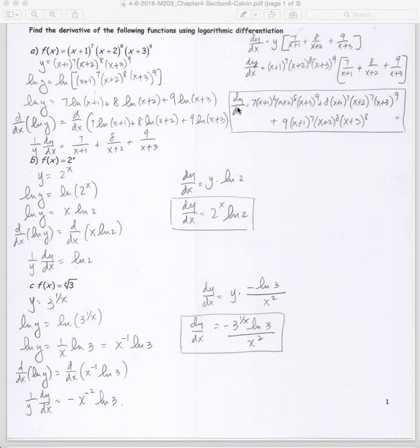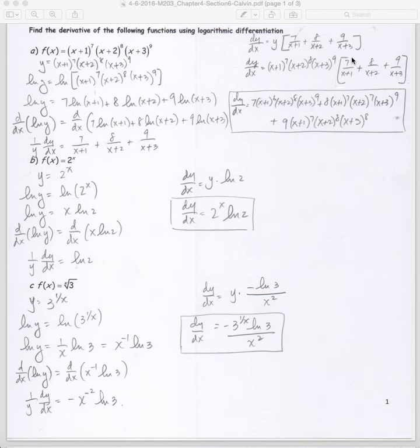So now I have dy dx is equal to, by using some algebra, this entire quantity being multiplied to the first term. Because I have an x plus 1 and an x plus 1 to the 7th here, they cancel out, and I drop 1 power, this becoming a 6 because of cross cancellation.